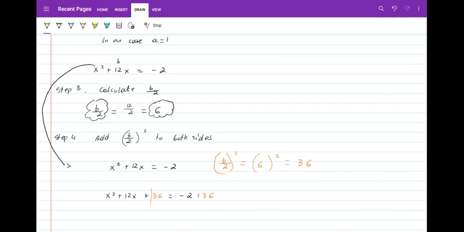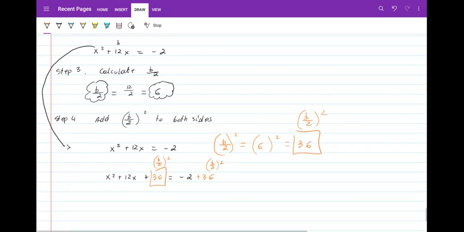So again, this is that b over 2 squared. Like you see, I added it to both sides of the equation. So what happened on the left side? On the left side, you have a perfect square, which means you can factor that expression easily.